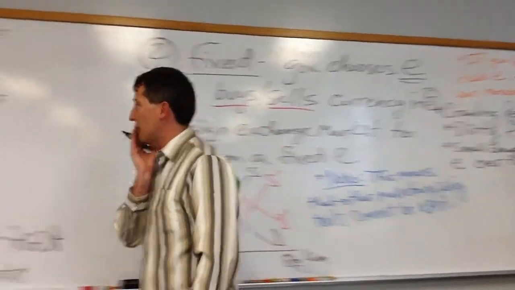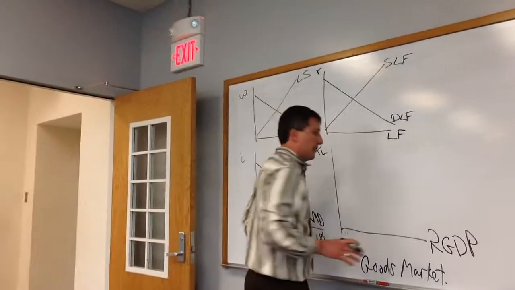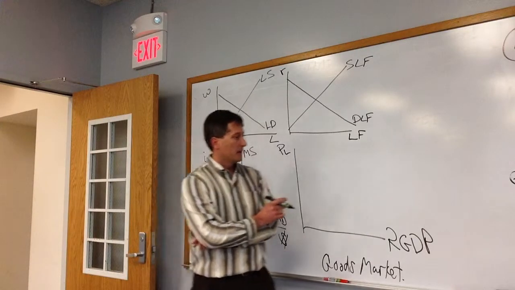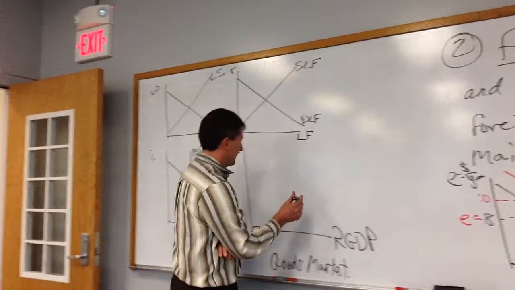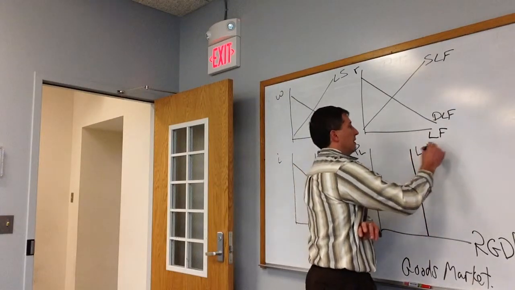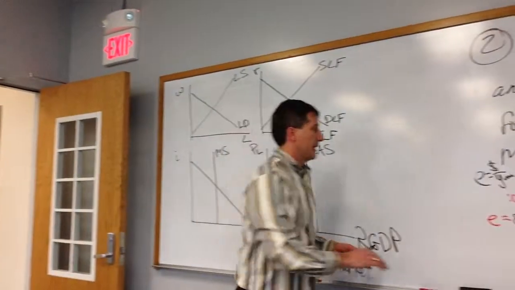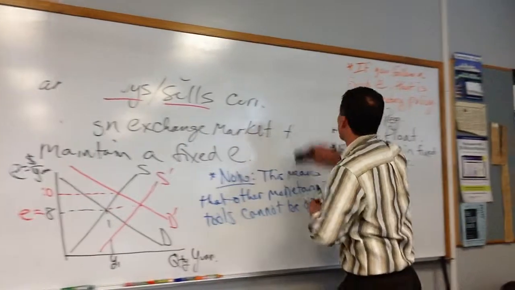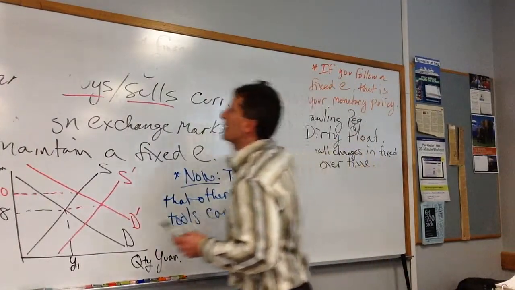And the one I want to start you off with is what we call the long run aggregate supply. The long run aggregate supply. And I'm just going to give it to you. It looks something like this. Long run aggregate supply, the LAS curve, looks like that.